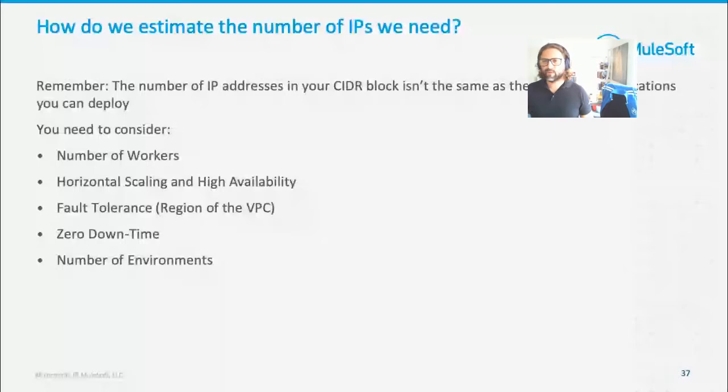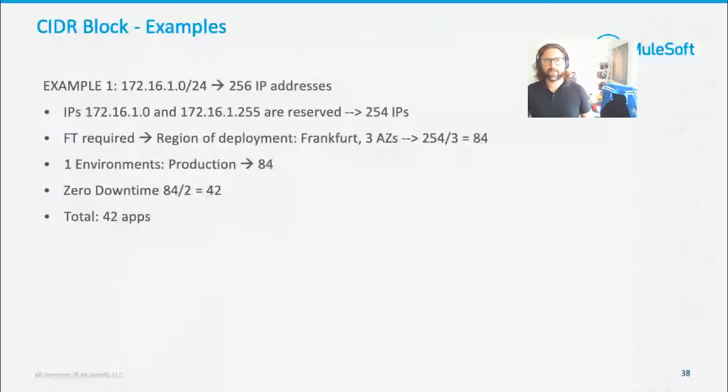Let's have a look at a couple of examples. So let's see, for example, for a block size of /24, which is 256 IP addresses. Let's see in a particular example with some characteristics of our domain, how many applications I can deploy. So the first thing we need to do is to take out a couple of reserved IP addresses, the network address and the broadcast address.